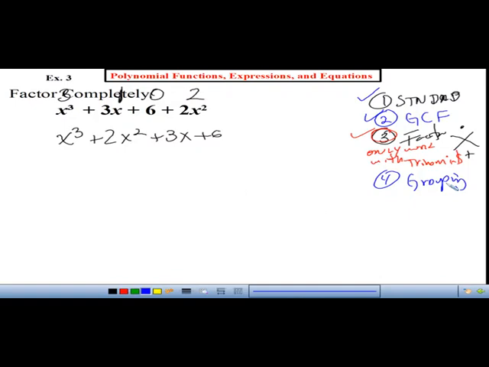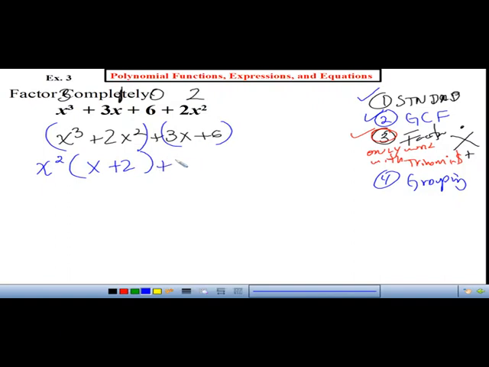And since we already have the muscle memory, can we group these 2 and these 2? Yeah. GCF for the first 2: x squared. That is correct. And we're left with x plus 2. How about GCF for the last 2?